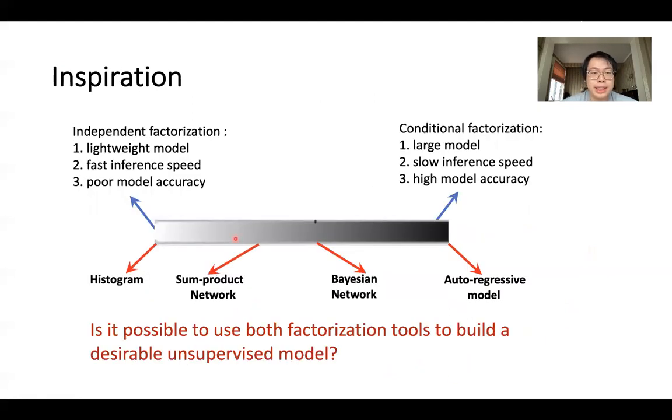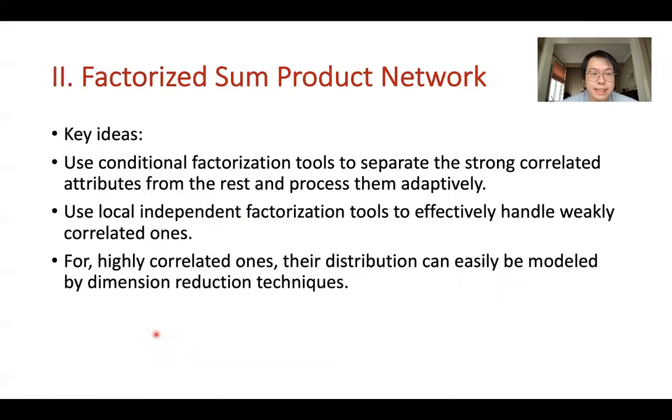It is not hard to see that both factorizations have their own advantages and disadvantages. So is it possible to use both factorization tools? As we can see, existing methods using only one factorization tool cannot build a model that is simultaneously fast, lightweight, and accurate. The answer is definitely yes.